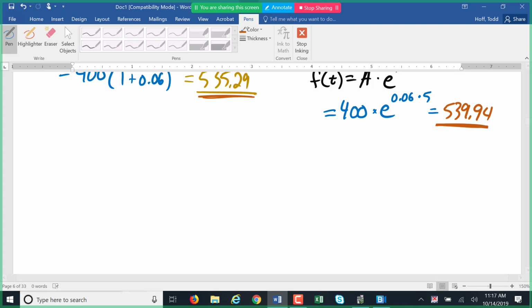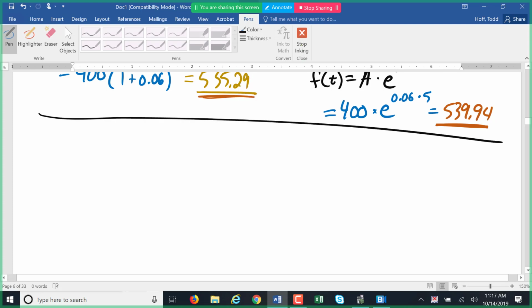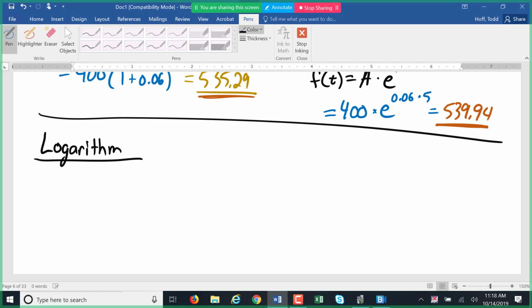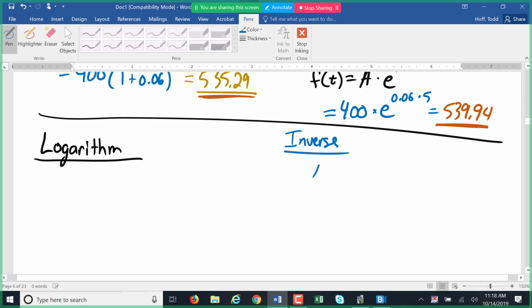We've got a couple minutes left, so I want to do a little foreshadowing into the opposite of an exponential, called a logarithm. Every operation we have in math comes with an inverse. If I take a number and I add 5, to go back to where I started, I'd subtract 5.